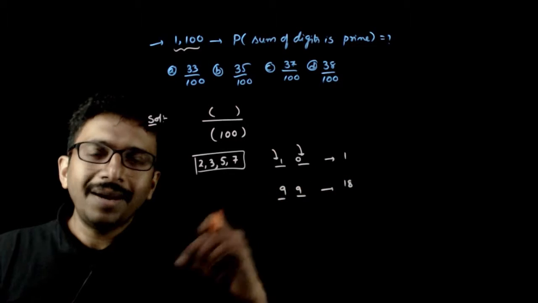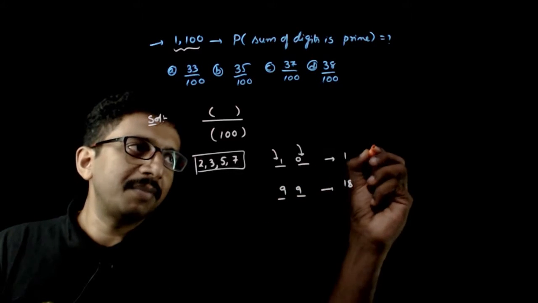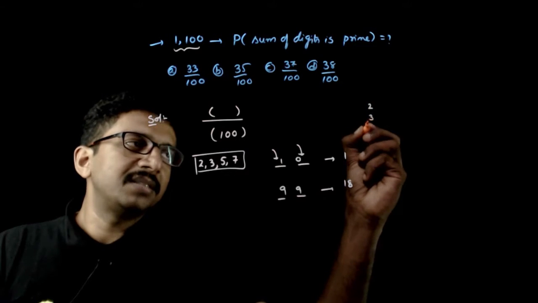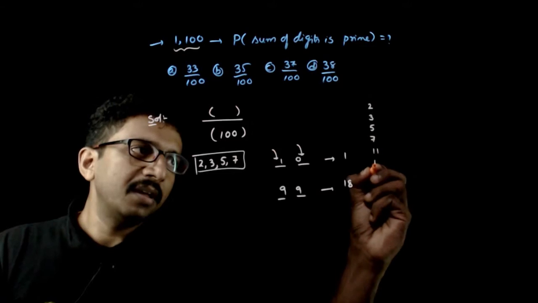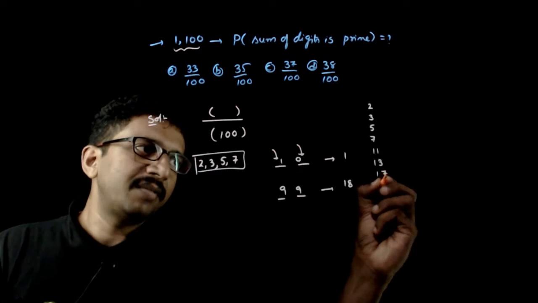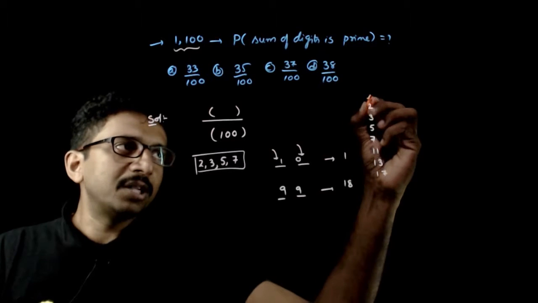So out of 1 to 18, what are the possible numbers which are prime? You can have the sum as 2, 3, 5, 7, 11, 13, 17 or 19. 19 is not possible. So these are the possible sums.